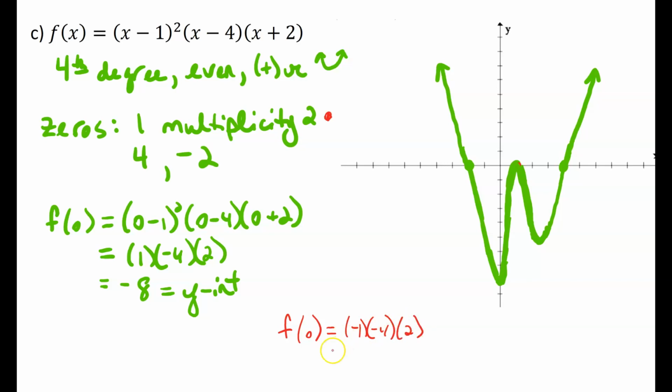And that means that the y-intercept would be +8. Okay, and so that means you would end up going 4, 5, 6, 7, 8.